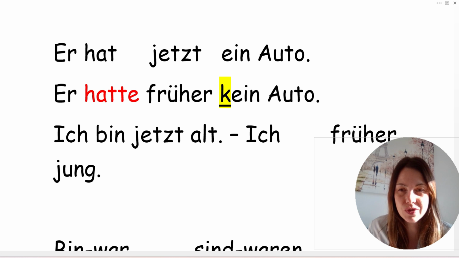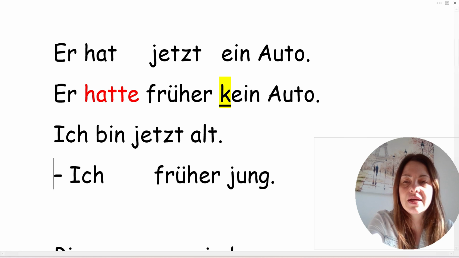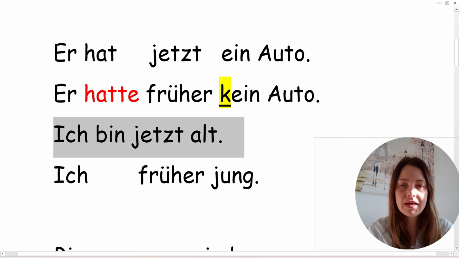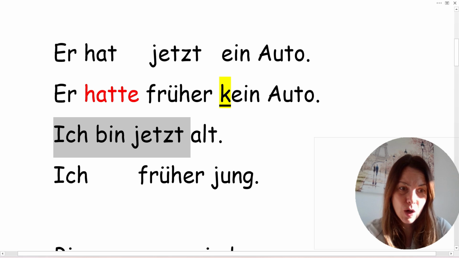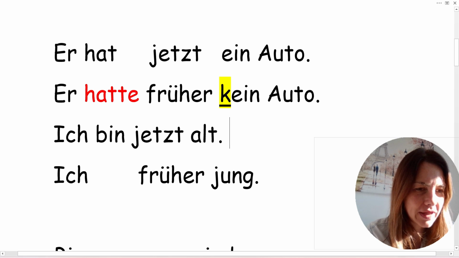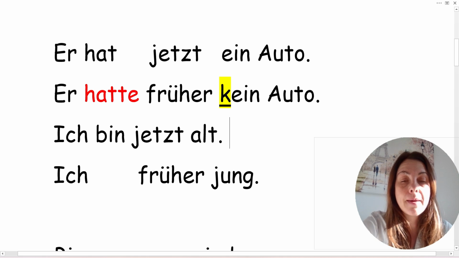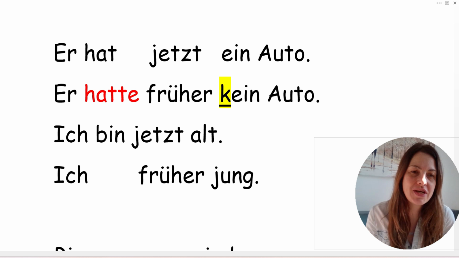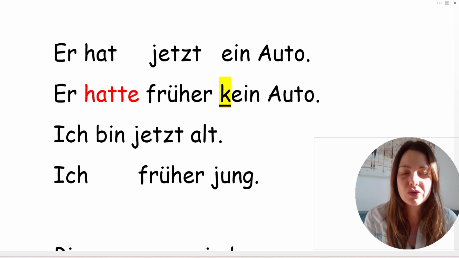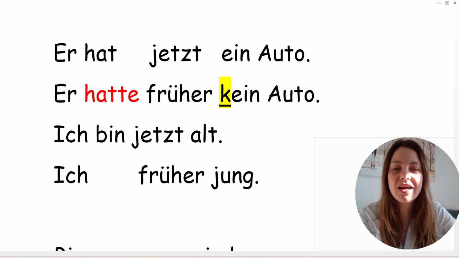And what happens with the verb sein? Ich bin jetzt alt, meaning I am now old. But before, früher, what? I was young. So we want to say I was before young.